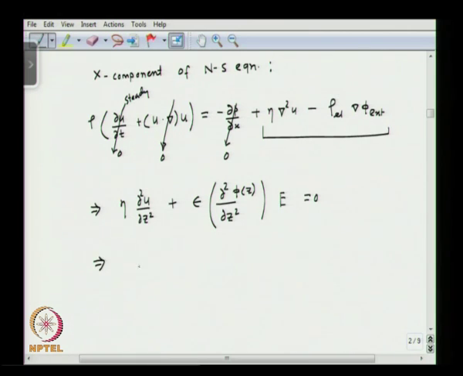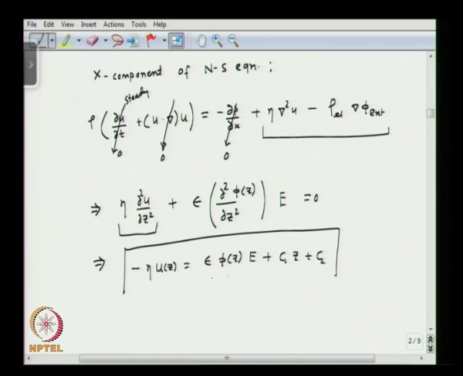Now we can integrate, if we take this to the other side of the equation, we get minus eta into u(z) equal to epsilon into phi(z) into electric field plus C1 z plus C2. So, that is the equation we get.